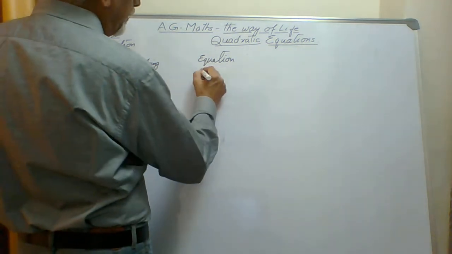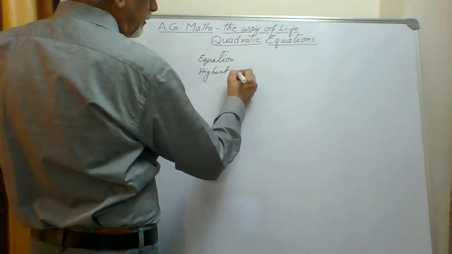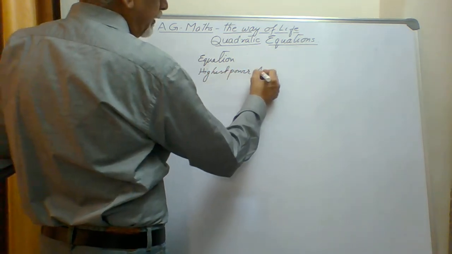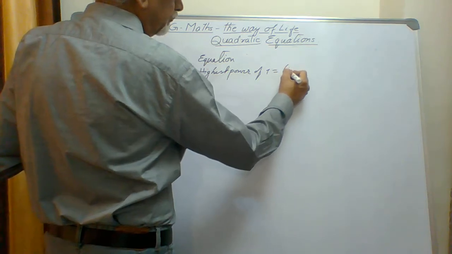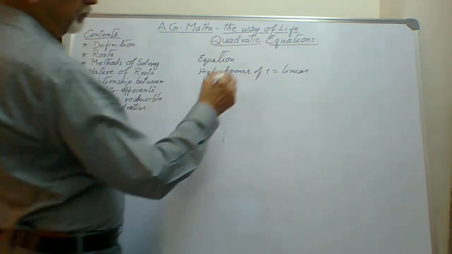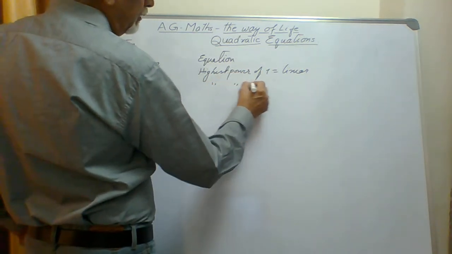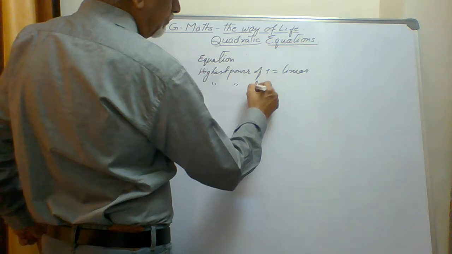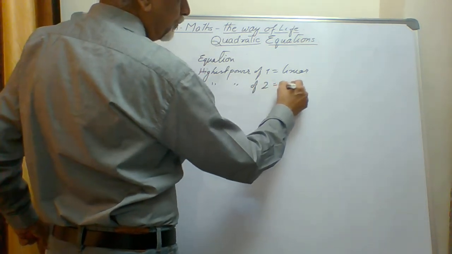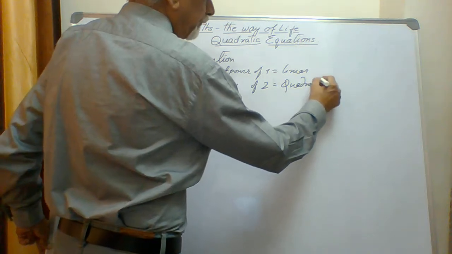When the highest power of the variable is 1, we call it linear, like x plus y is equal to 10, or x is equal to 5. If the highest power of the equation is 2, then it becomes quadratic, as we are going to discuss today.